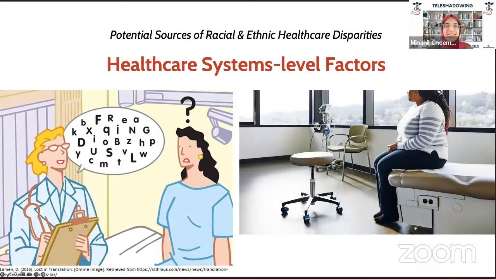So in detail, let's talk about the source, the healthcare systems level factors. So there's cultural and linguistic barriers sometimes. Sometimes we do have medical interpreters available, but that might lead to the patient wanting to say a little less or not completely say everything that they're experiencing.